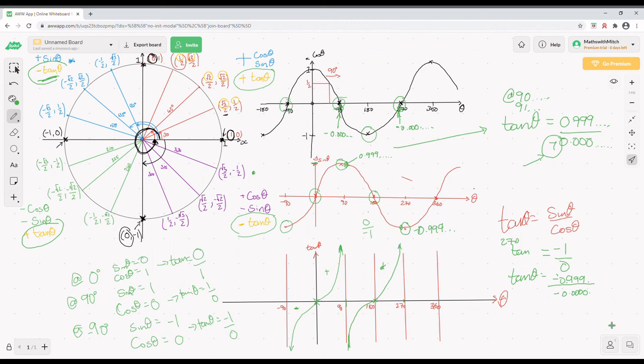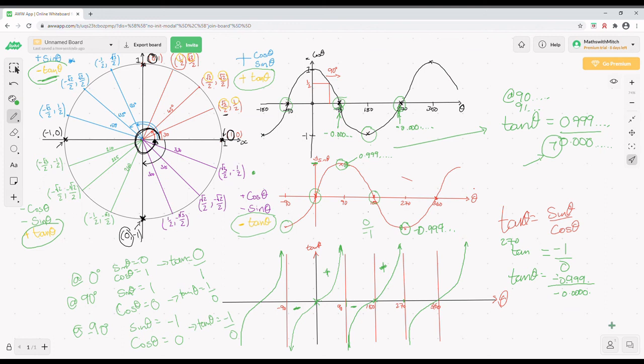And what we start to see is that this is a repeated shape in the graph, and we can prove that it repeats every 180 degrees if we were to continue, and you would keep getting the same shapes of the graph for tan. But what you can definitely see is that we are negative here, positive here, negative here, positive here, and that keeps repeating, and that reflects what we've proven with negatives and positives around the unit circle.